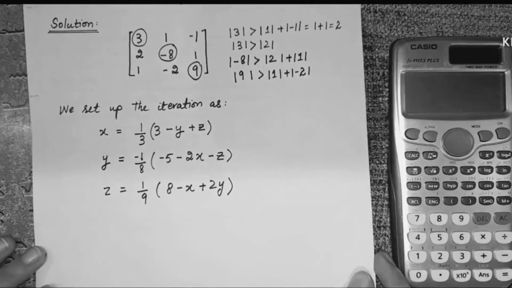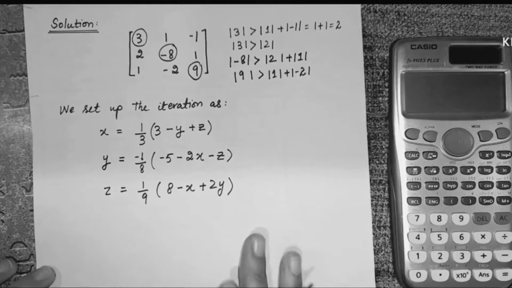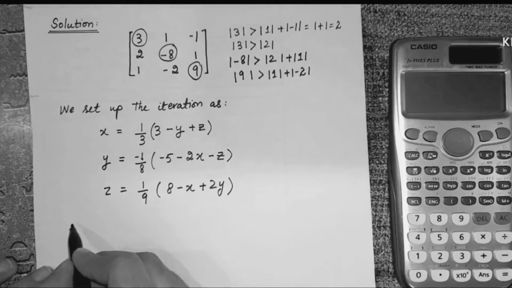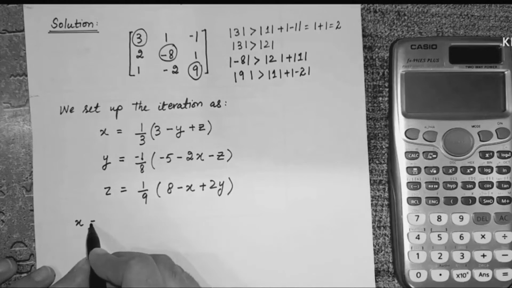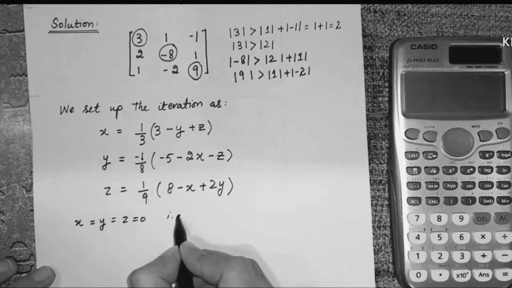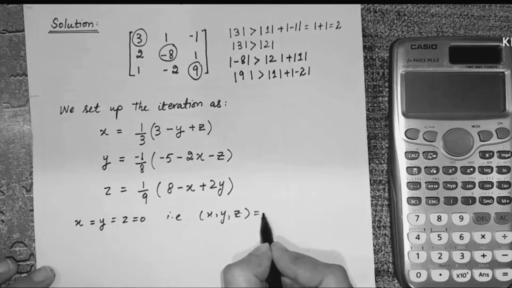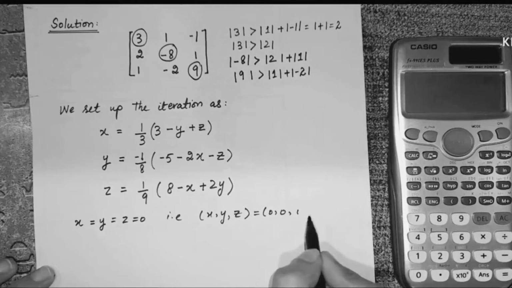Now how will we solve this? As this is an iterative process, we'll take some initial guess. Let's suppose initially x, y and z are equal to 0. That is, we can write x, y, z equal to 0, 0 and 0.